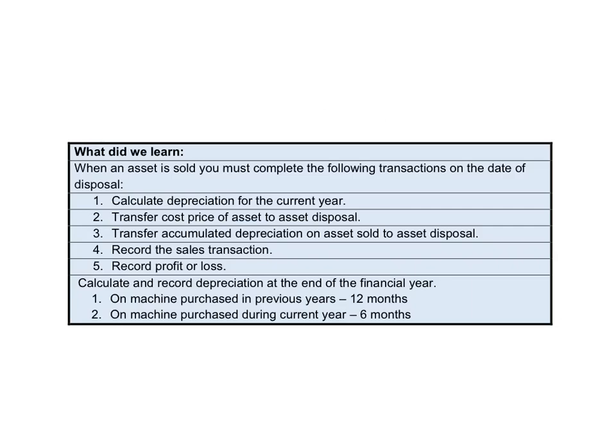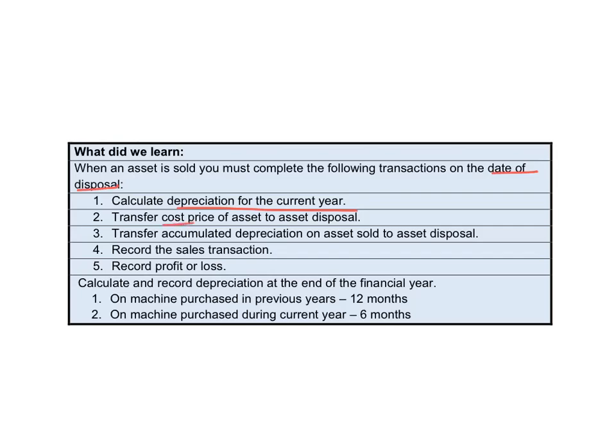When an asset is sold, you must complete 5 transactions on the date of the disposal. First of all, you will calculate depreciation for the current year, debit depreciation, credit accumulated depreciation.